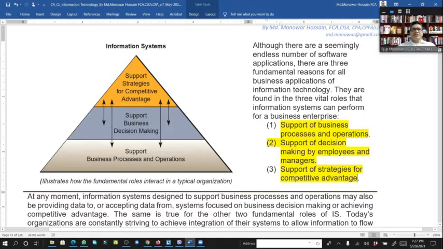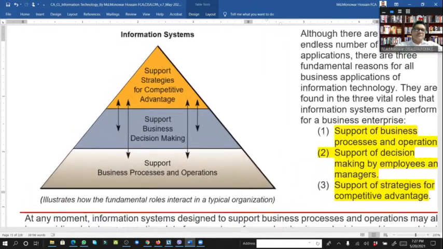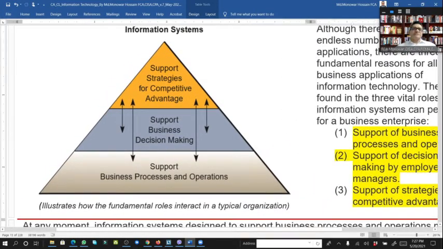So look here, if we see the parameter here, how the information system's fundamental roles interact in a typical organization. This is the organization: top management supports strategy for competitive advantage, middle management supports business decision making, and lower line management supports business process and operation.